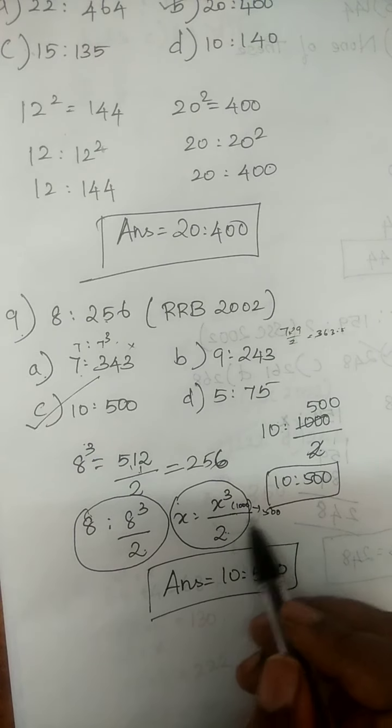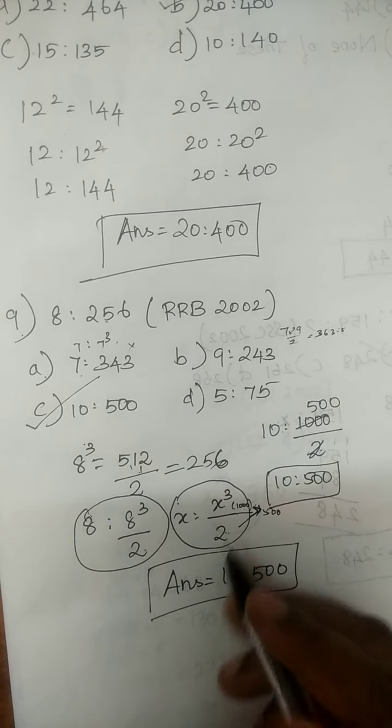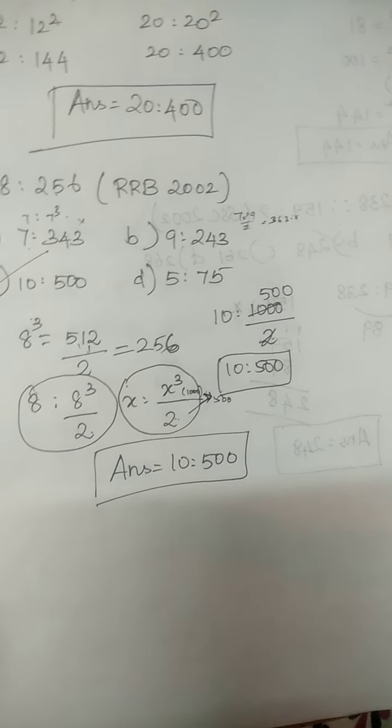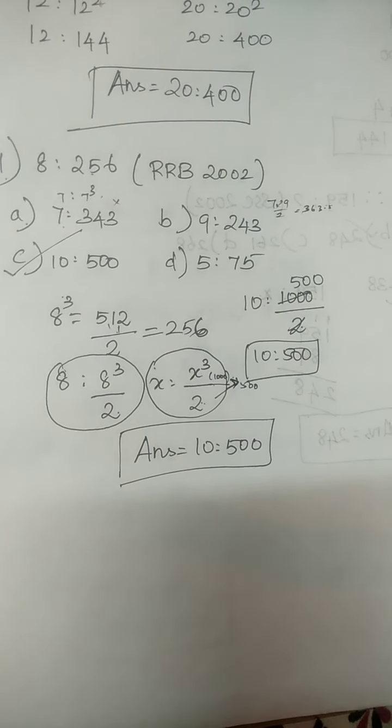Am I right? So option C is the right answer. The clue behind this is x is to x cube divided by 2. This is the clue to find the solution.